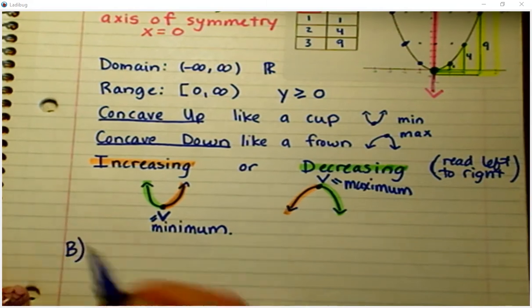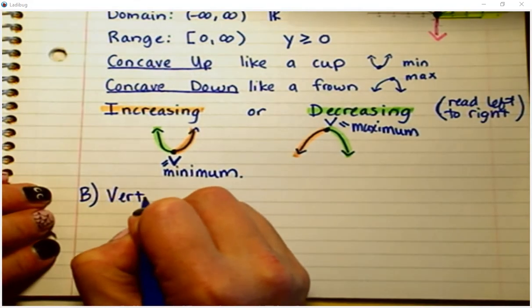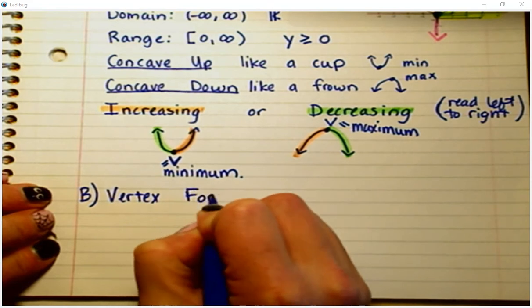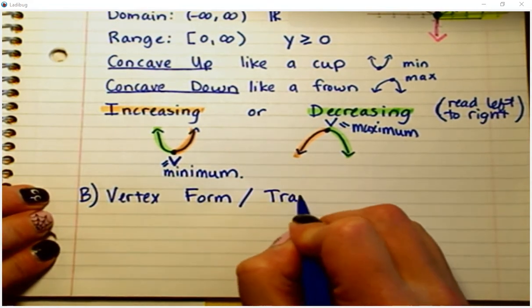I have a little bit more space, so I'm going to start part B. Vertex form, or transformation form.